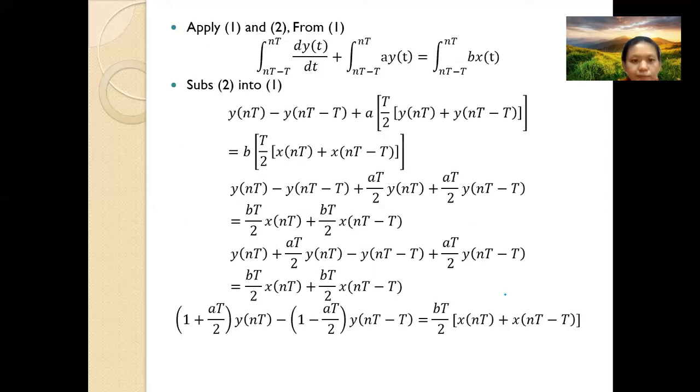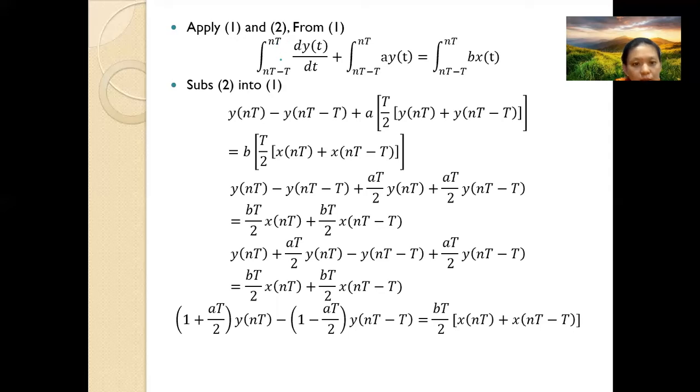Now we apply equations 1 and 2 together. From equation number 1, we have integrated from nT minus T until nT the differentiation dy(t) divided by dt, and also integrate for our a y(t) and integrate for our b x(t). Then we substitute equation number 2 into 1.